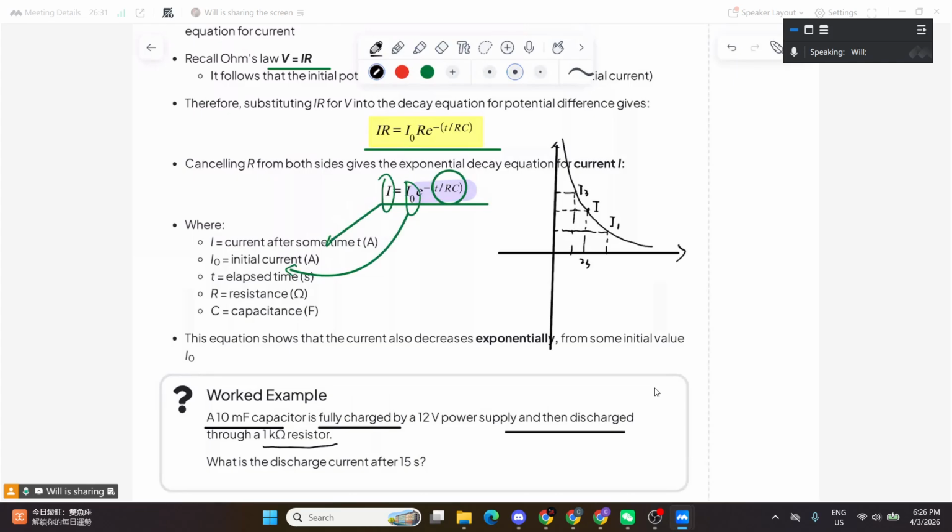The resistance is 1000 ohm, and we want to know what the discharge current is after 15 seconds. How to solve it? Which formula do we use? We want to know the discharge current, so we use the current formula.